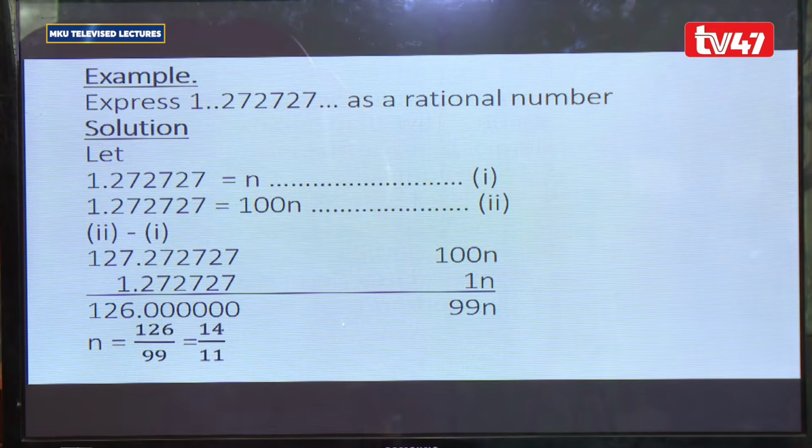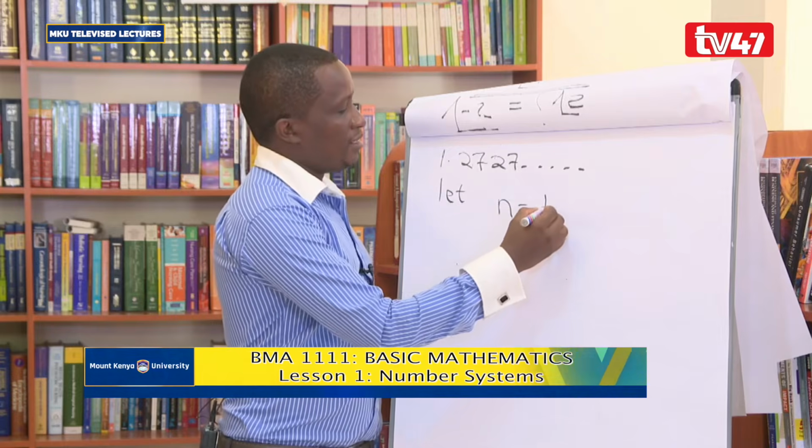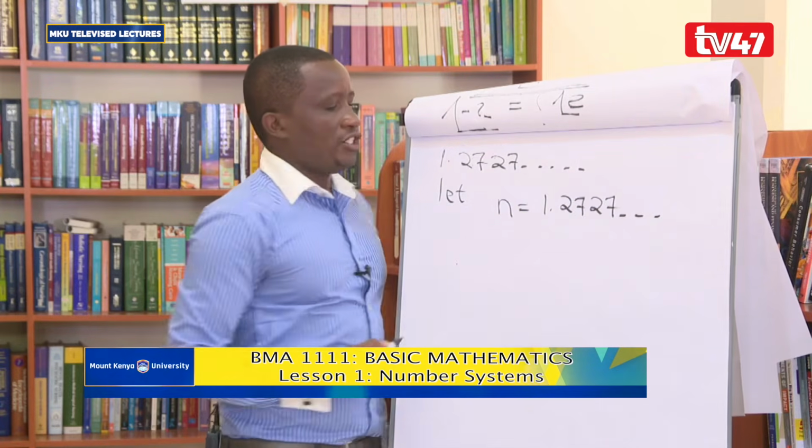We want to express 1.2727 and so on as a rational number, or in this case as a fraction. So what we'll do, we let n be the number we want to change its representation.